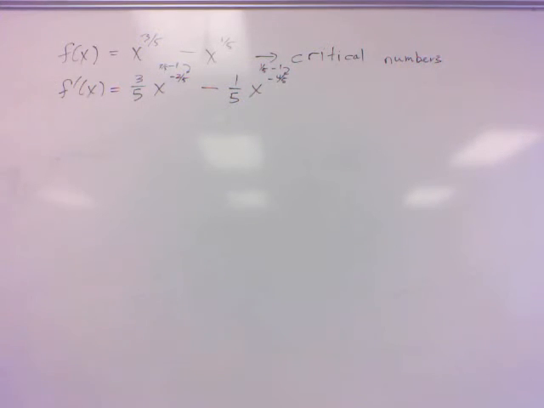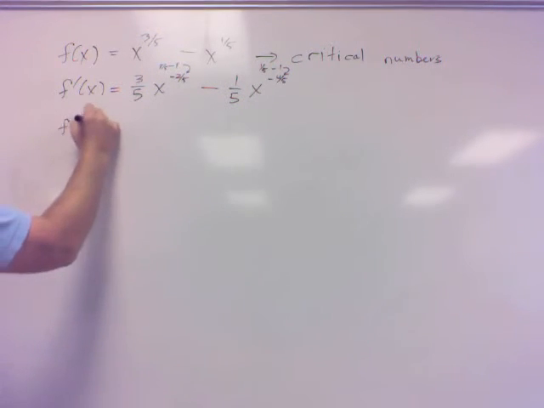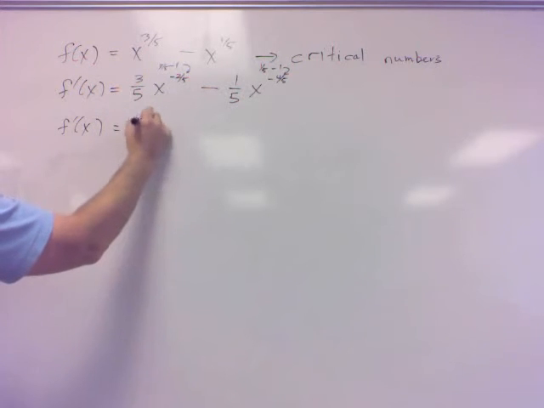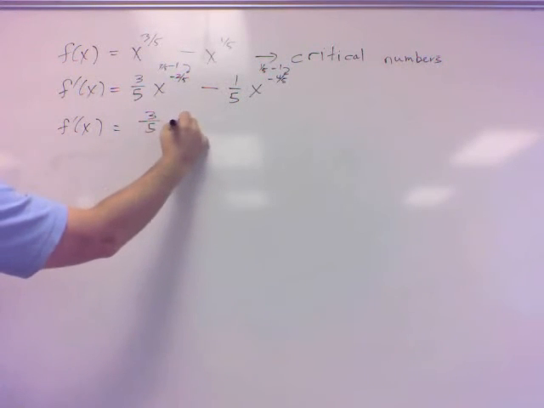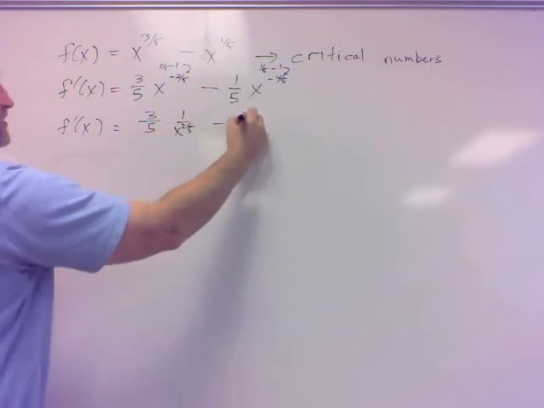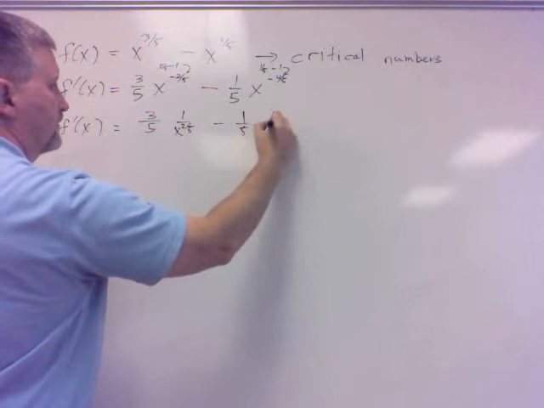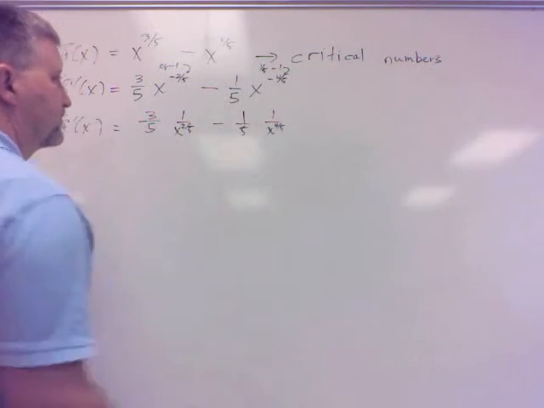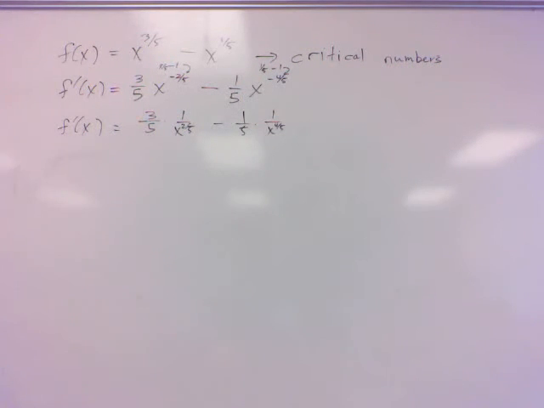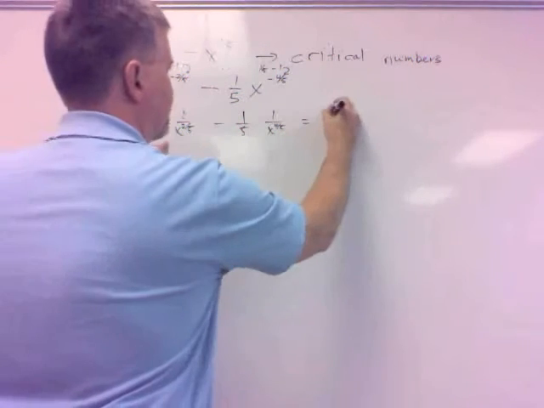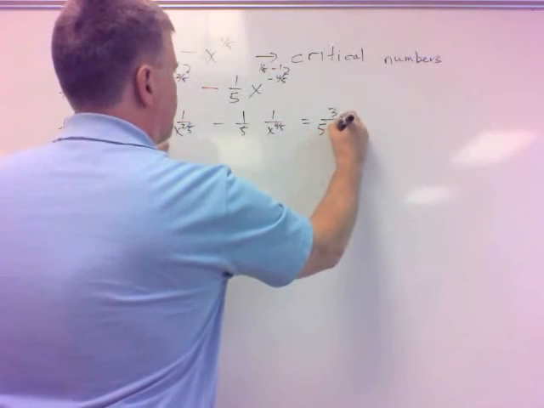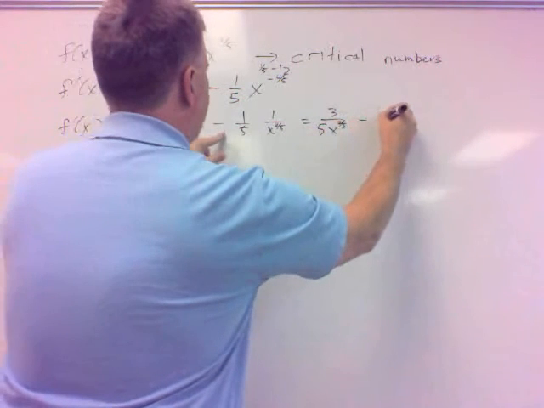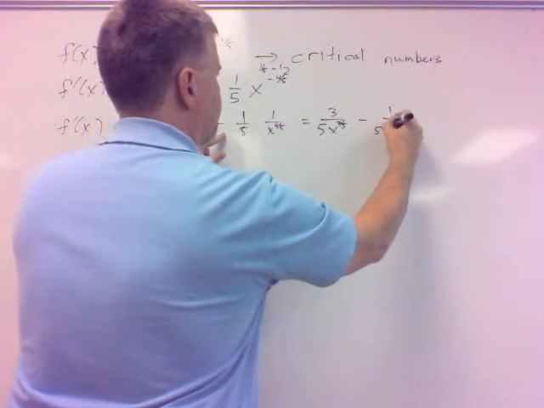Now, here's the way I might want to write this. Let's go ahead and flip that over and make that 3/5 times 1 over x to the 2/5, and this is 1/5 times 1 over x to the 4/5. Or 3 over 5 x to the 2/5, minus 1 over 5 x to the 4/5.